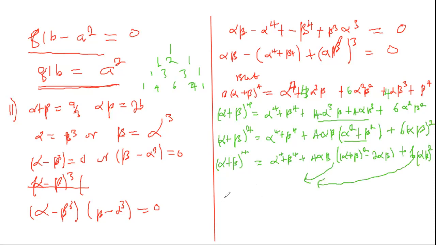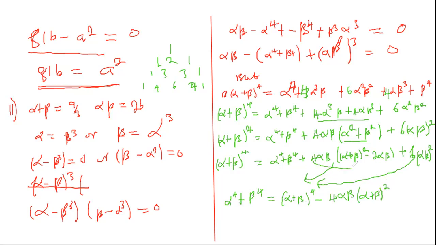Then lastly, we can take these terms to the left hand side. So we shall have alpha to power 4 plus beta to power 4, giving us alpha plus beta power 4 minus 4 alpha beta into alpha plus beta squared.